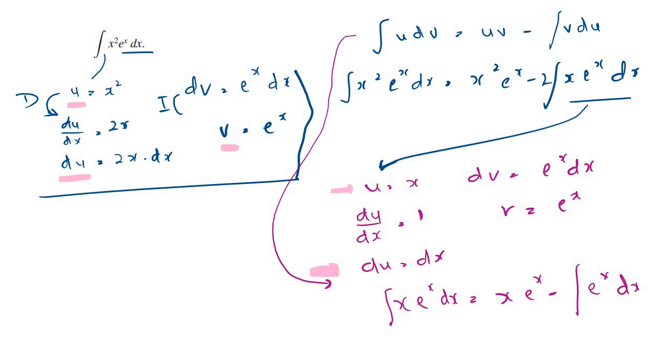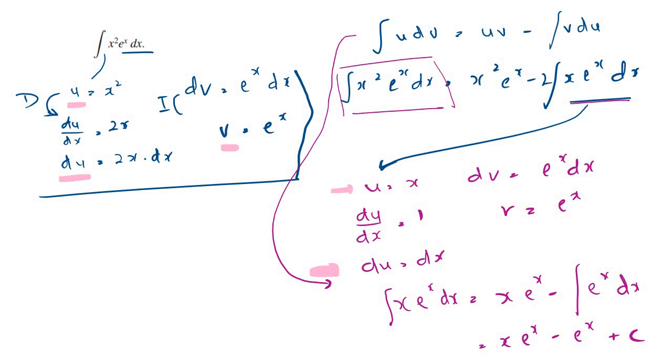That's v du. Now we know the integral of e to the power x is e^x. So x e^x minus e^x plus c. That's the integration of this part. If you combine the two, you will have the complete integration of this entire function.